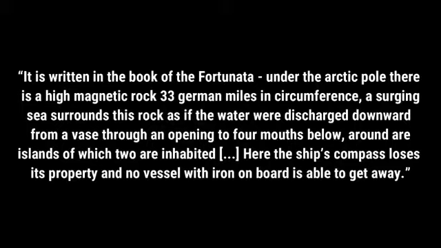A surging sea surrounds this rock as if the water were discharged downward from a vase through an opening to 4 mouths below. Around are islands, of which 2 are inhabited. Here the ship's compass loses its property, and no vessel with iron on board is able to get away."